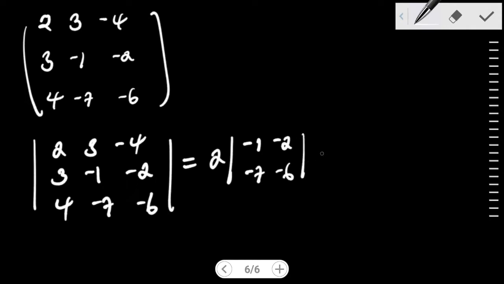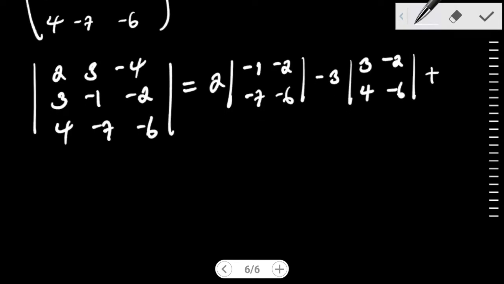Now minus 3 times the determinant of 3, negative 2, 4, negative 6. And then plus negative 4 times the determinant of 3, negative 1, 4, negative 7.